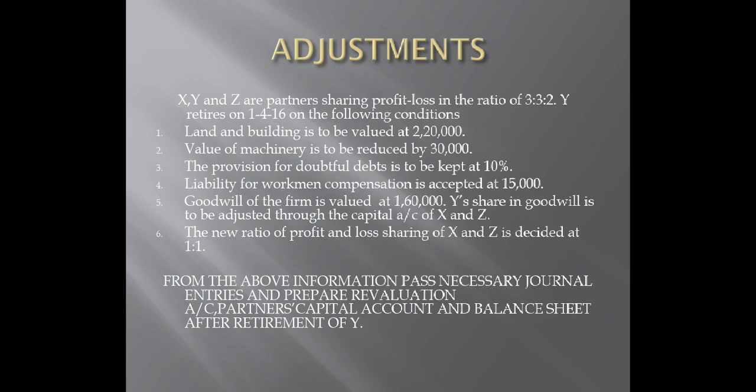There are overall 6 adjustments, and they say from the above information, pass necessary journal entries and prepare revaluation account, partners capital account and balance sheet after retirement of Y. There are 3 partners X, Y and Z, and they say that Y retires.